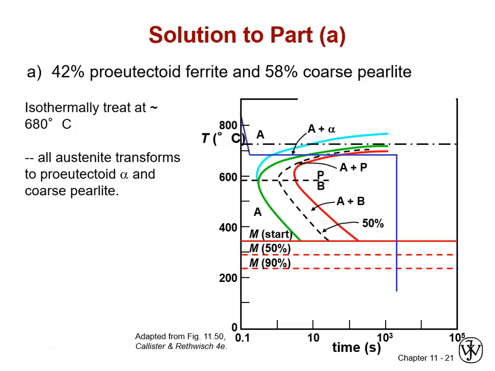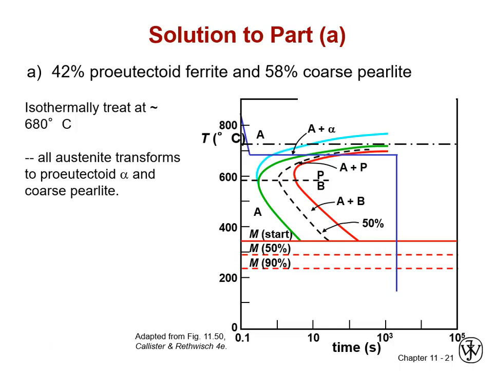Sometime just shy of 10 seconds, we were in a regime where we had both pearlite and ferrite, so we were starting to grow some pearlite at that point. We had completed all of our pearlite growth by sometime around what looks like 100 seconds, and any further time at temperature would do nothing but coarsen the pearlite.